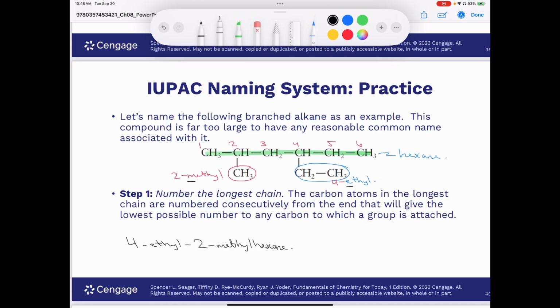All right, now, you probably noticed that when I separated numbers and letters, I used a dash, and we always do that for numbers and letters. If we have numbers and numbers, we use commas, but if we have a number and a letter, we always use a dash to separate them. We don't use any separation between the two letters here, methyl and hexane, that makes one big word, but that would be the name of this compound.